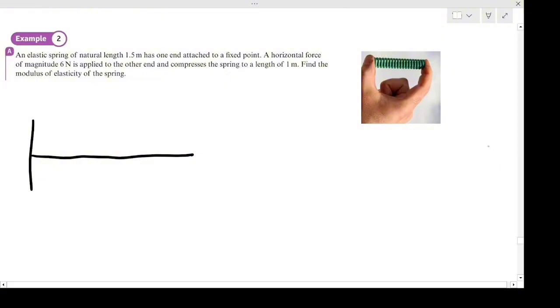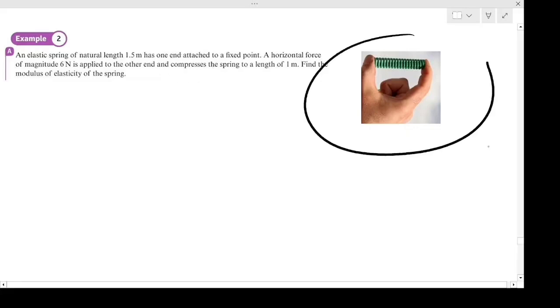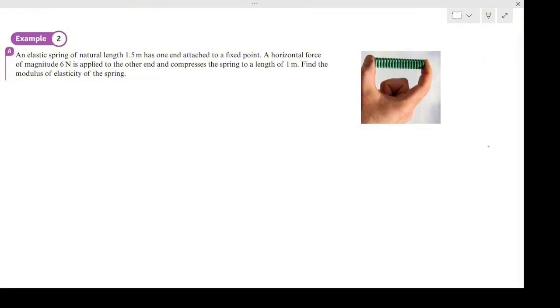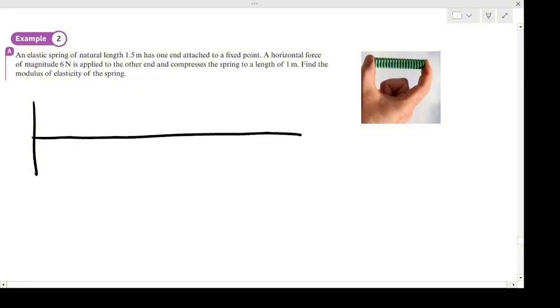Now, what's going on here is there's a compression. I've added this picture here to help you visualize if you're a bit unsure of what exactly it looks like. Originally, this is my string. This is going to be my natural length.